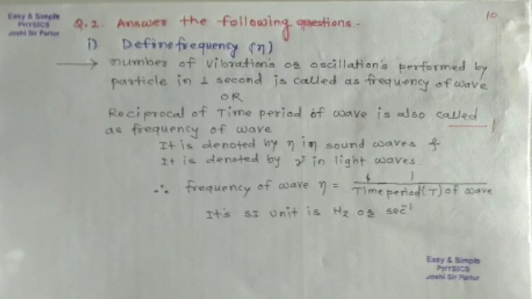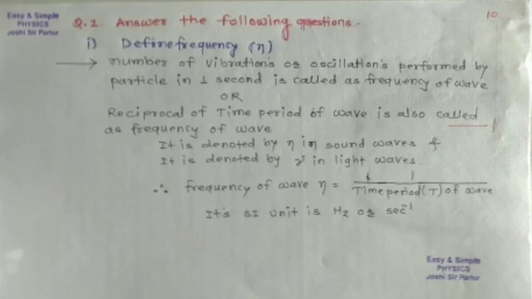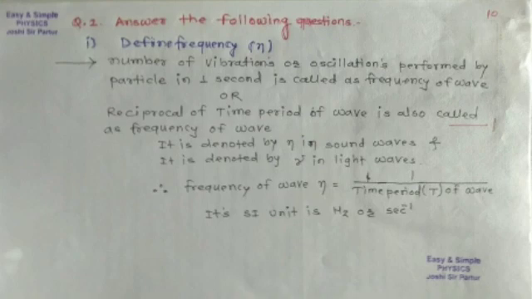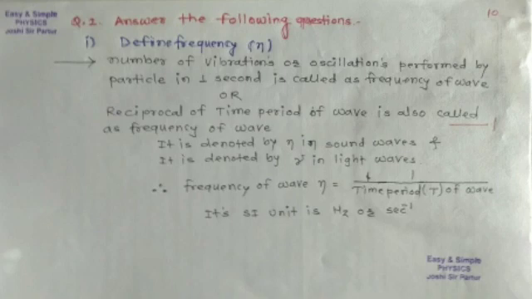In this question 2, question 1 will be: define frequency. Answer: the number of vibrations or oscillations performed by a particle in 1 second is called the frequency of the wave, or the reciprocal of the time period of the wave is also called frequency of the wave.